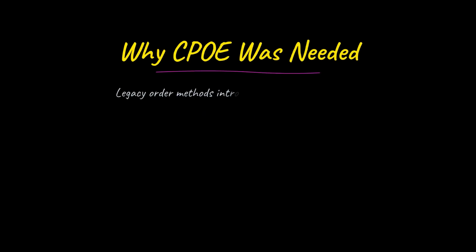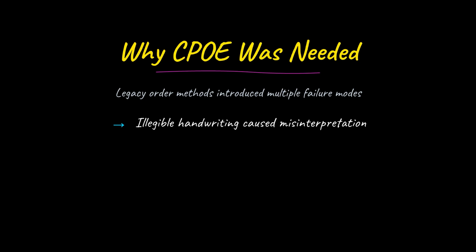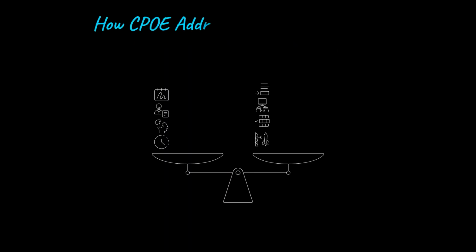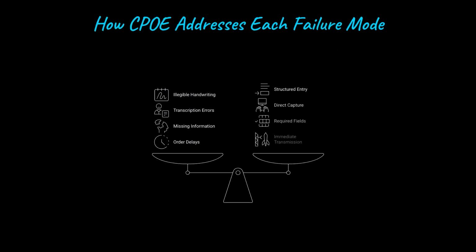Handwritten and verbal orders failed in predictable ways: illegible writing, transcription mistakes, incomplete information, and communication delays all contributed to errors that structured digital entry was designed to eliminate. CPOE works by addressing each old failure mode directly. Structured forms eliminate ambiguity, required fields prevent omissions, and immediate electronic transmission replaces the slow handoff chain that delayed care.